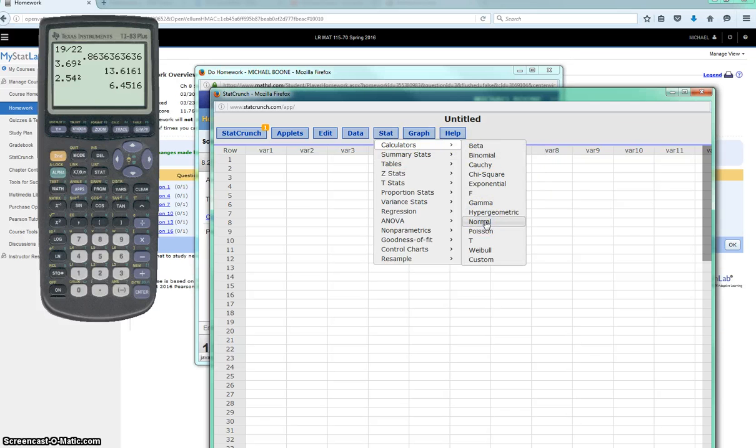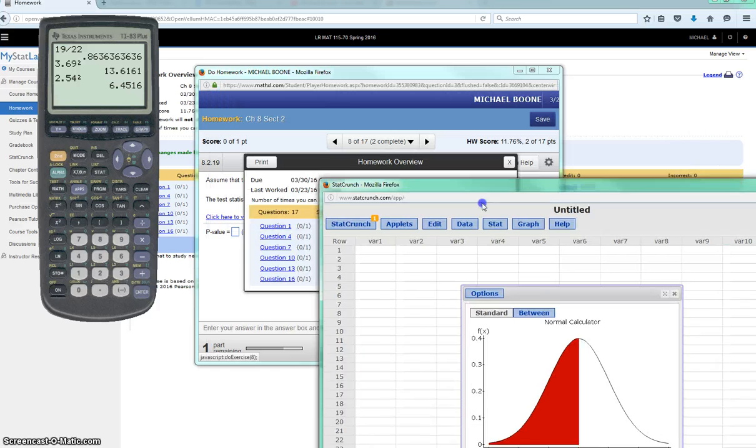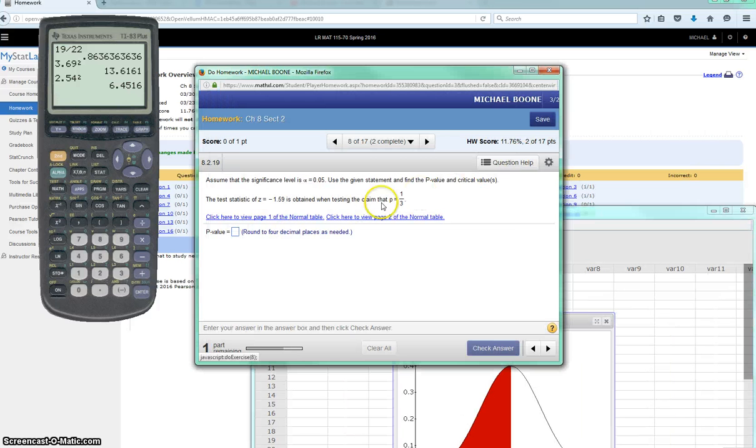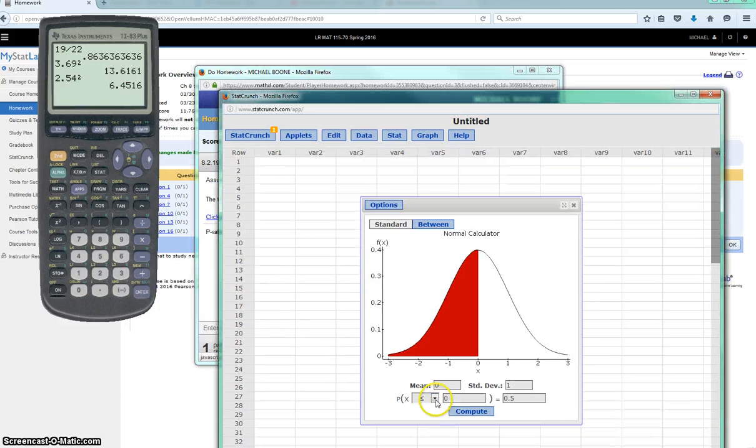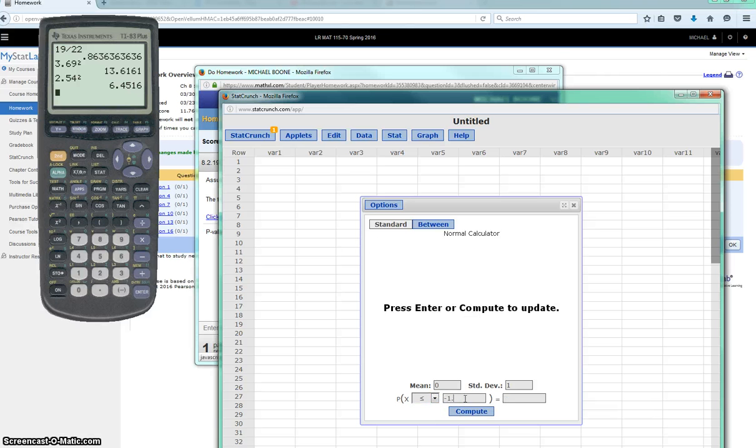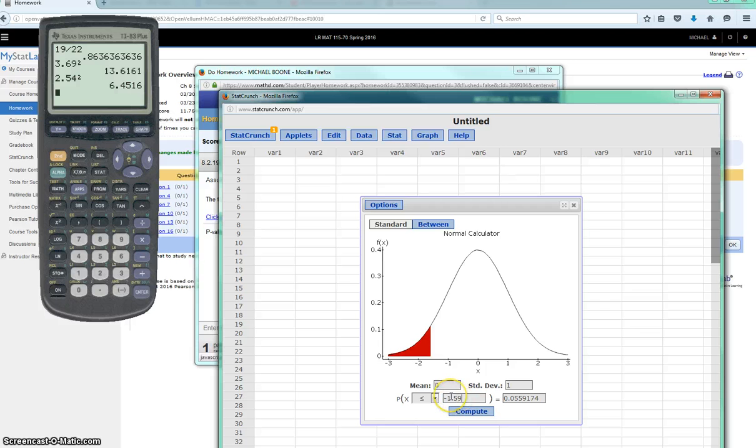And so if I just wanted to find what my p-value was, I know the test statistic is negative 1.59. So let's plug in negative 1.59. And this is going to give me the area to the left, right? So I get 0.0559174.